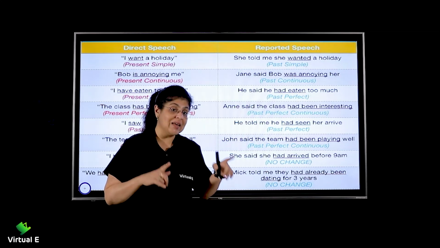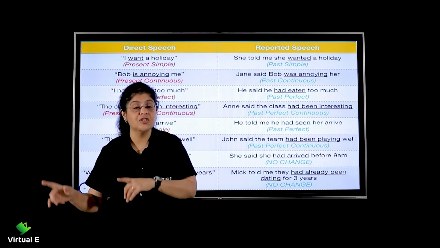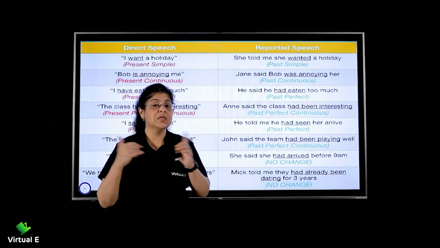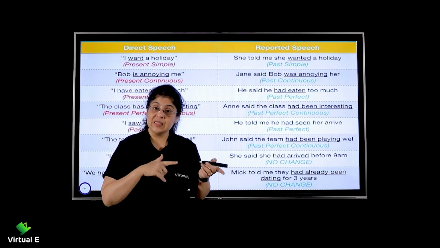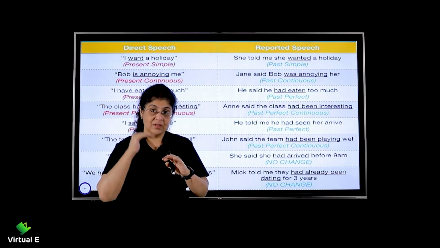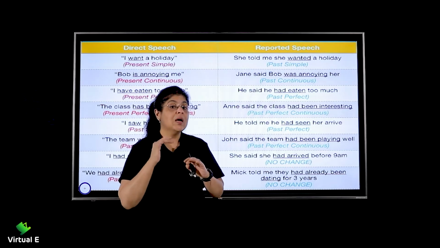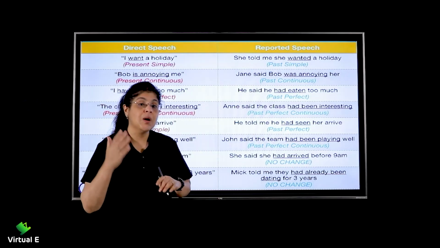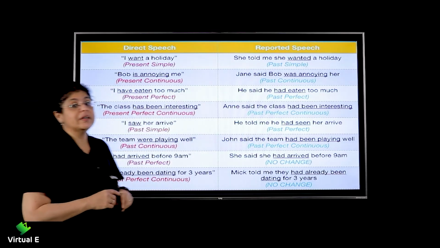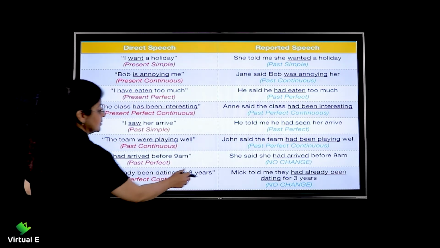Past perfect in the direct speech does not change in the indirect speech. Present continuous, past continuous. Present perfect, past perfect. This much is clear? Simple? Got it? Now, past continuous changes to past perfect continuous. You have to remember it like this, right?